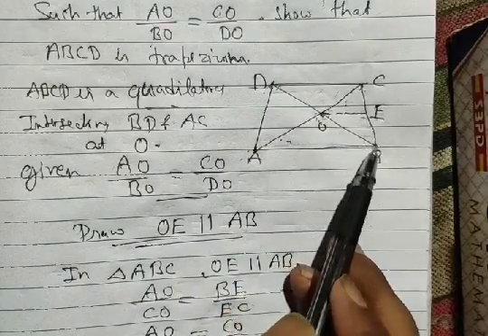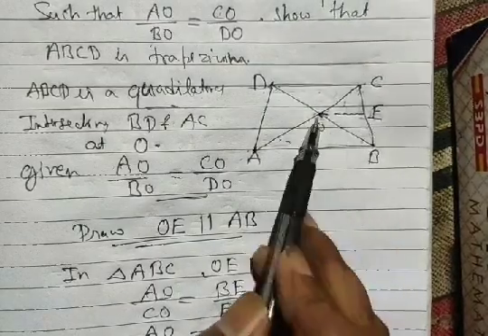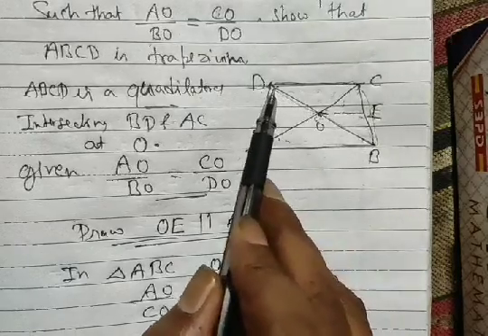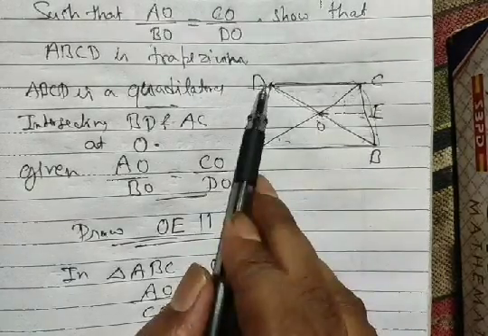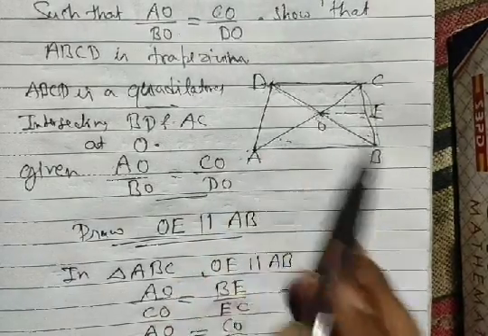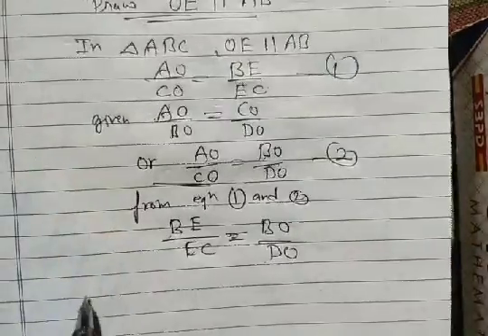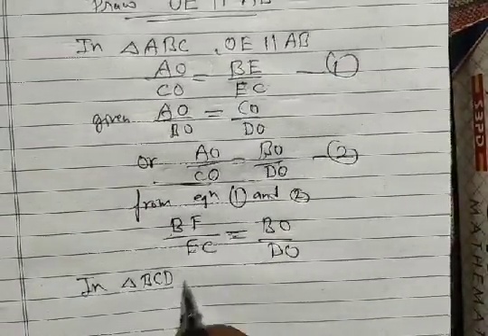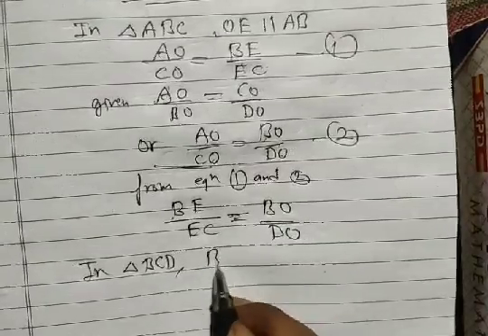You understand it? BE is to EC, BO is to DO. These sides are part of which triangle? Triangle BCD. We can use this ratio in triangle BCD.